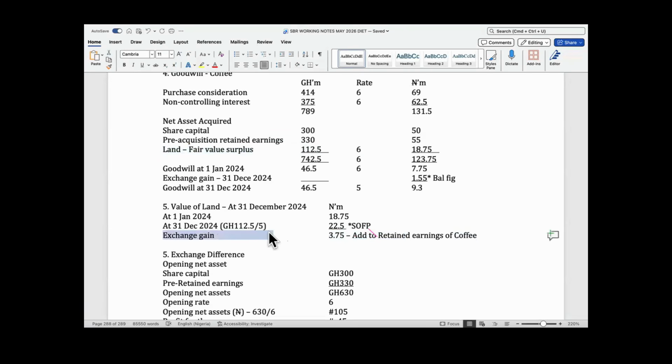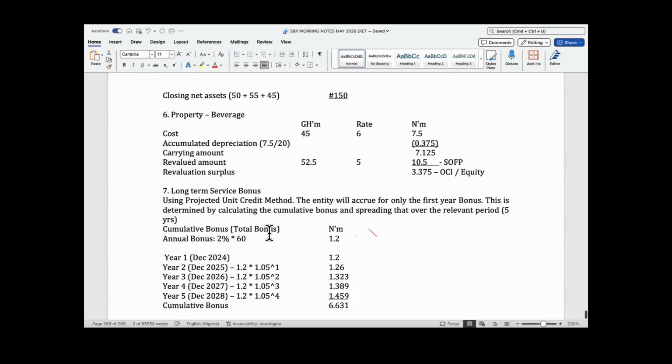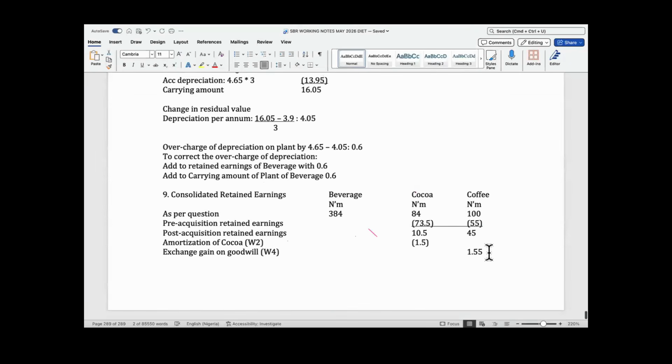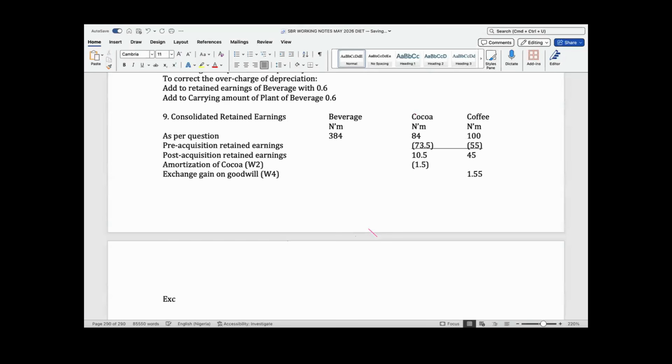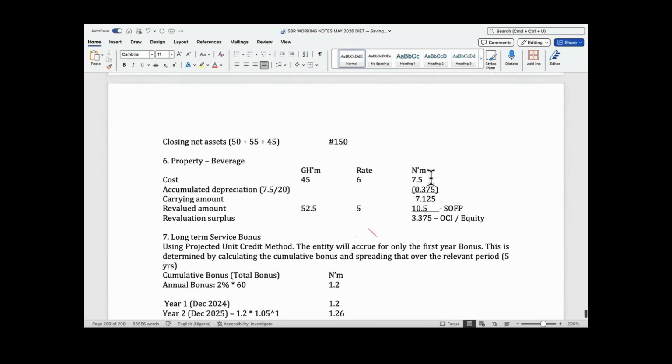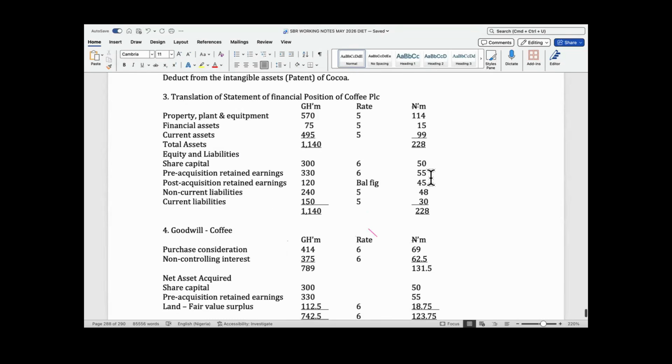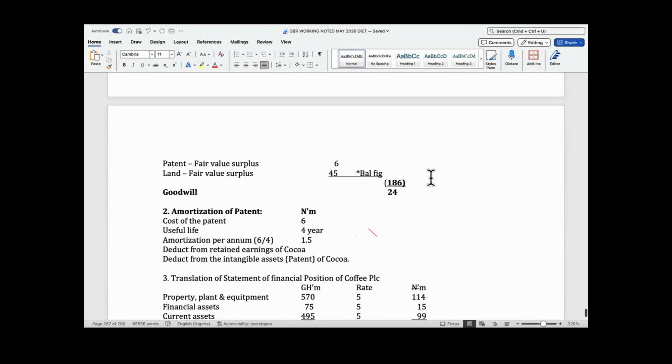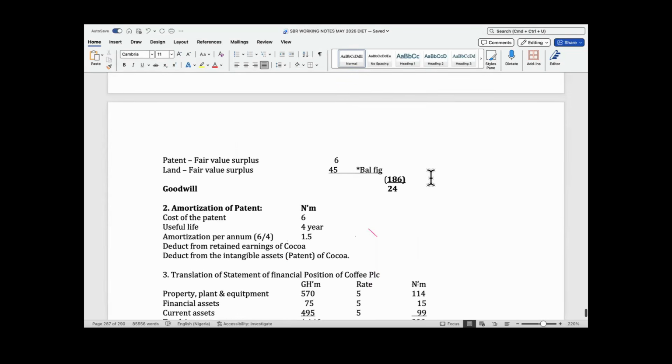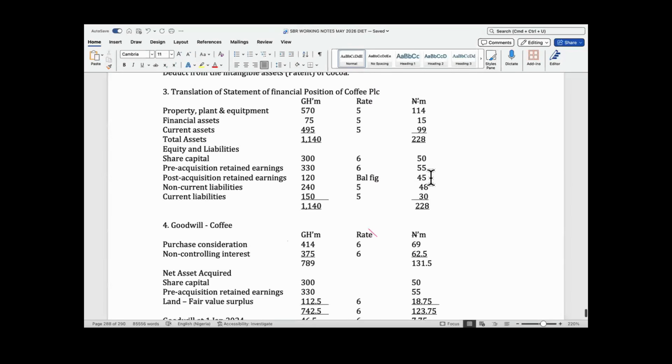So this exchange gain arising on the land, 3.75. Exchange gain on land, I think that's working 5. 3.75.